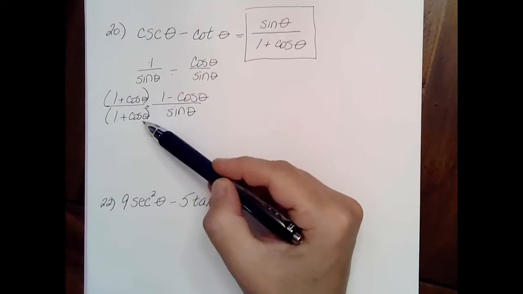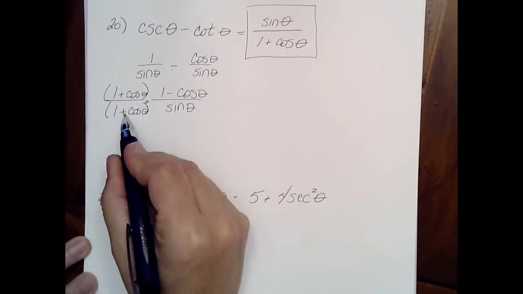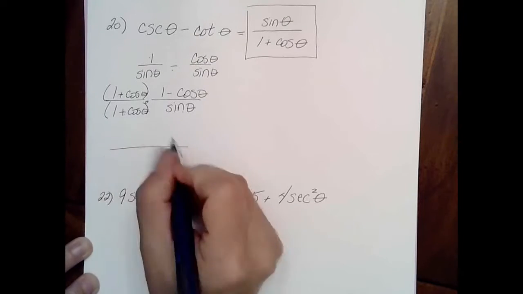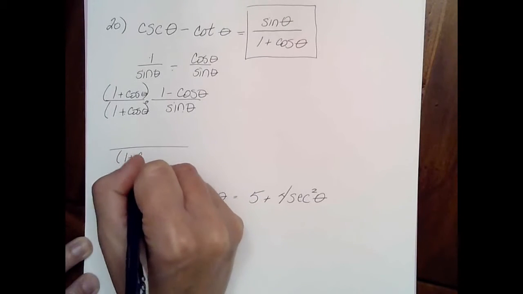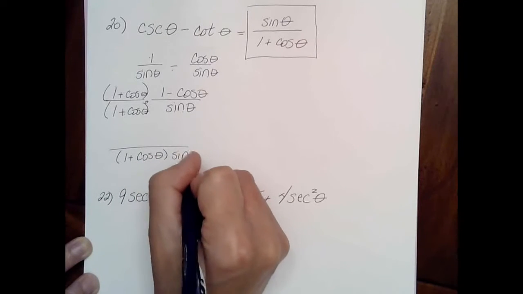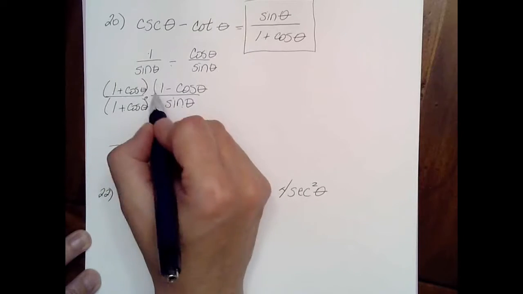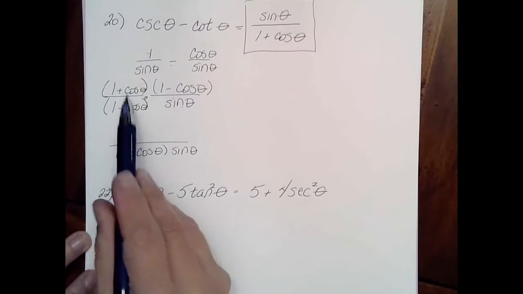Multiplying the same thing on the top and bottom is 1. Totally legal move. I can do that. So as I do this, my denominator will look like 1 plus cosine theta times sine theta. Okay, I'm going to leave that alone for a moment. My numerator, oh, need parentheses now, is this times this.